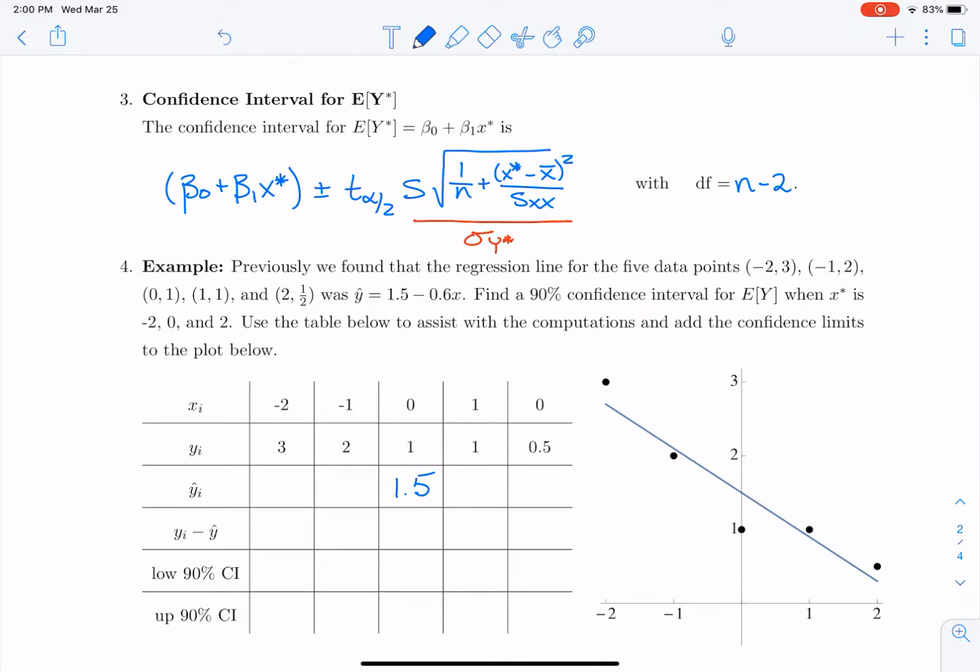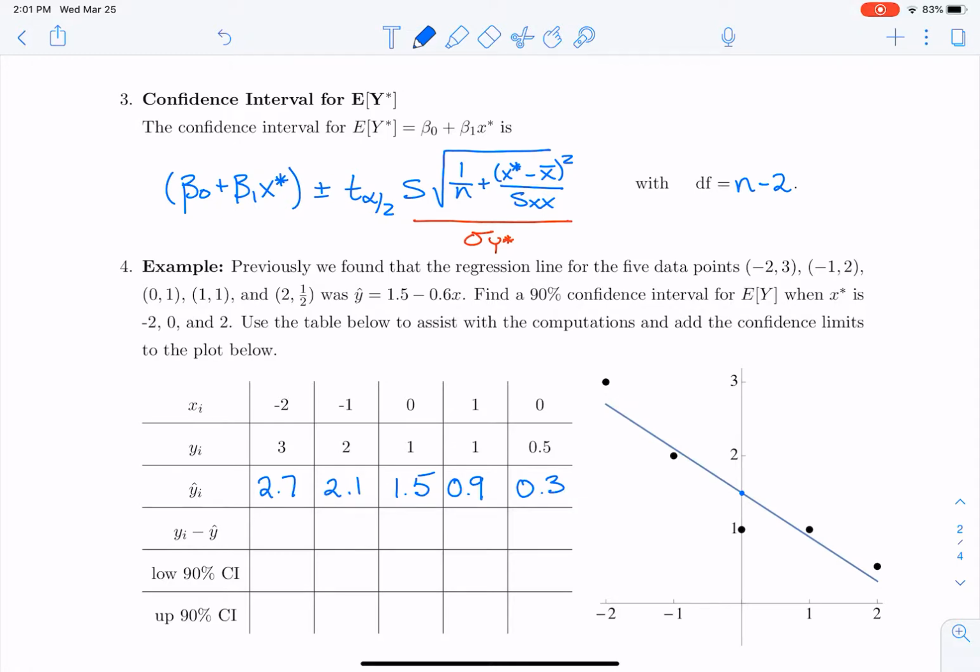You can actually see it right there. Okay, so the slope is negative 0.6. So I can easily see if I subtract 0.6 that the next point should be 0.9 and the next one should be 0.3. And then if I want to go the opposite direction, I can add 0.6 so that this point is 2.1 and this one is 2.7. And that gives us the points on our regression line.